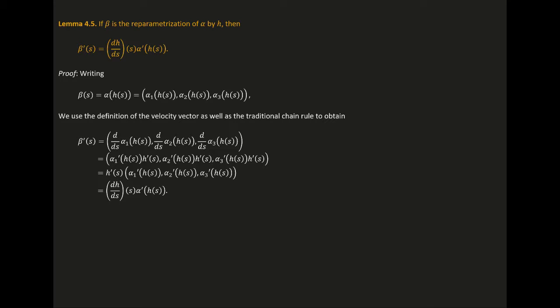Since each of these components is just a function from R to R, we can use the chain rule on each of them, so that the derivative of alpha i of h of s becomes alpha i prime of h of s times the inside function's derivative h prime of s. Since each component shares a factor of h prime of s, we can pull that out front. Then we can rewrite h prime of s as dh ds. And of course, the vector alpha 1 prime of h of s, alpha 2 prime of h of s, alpha 3 prime of h of s is just the tangent vector alpha prime at h of s.